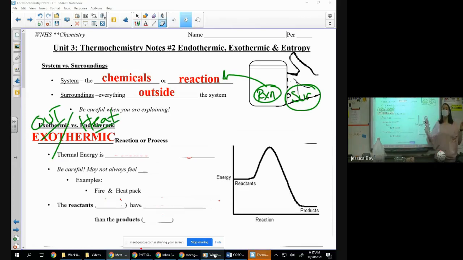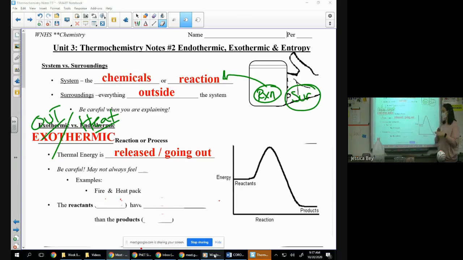So in an exothermic reaction, the energy is leaving the system. You do have to know, so we can write that here, thermal energy is released or going out. Now, commonly, it will feel warm to the surroundings, but that is not always the case.